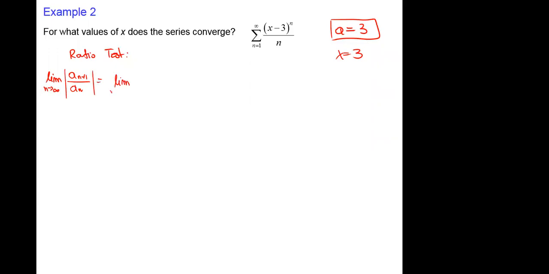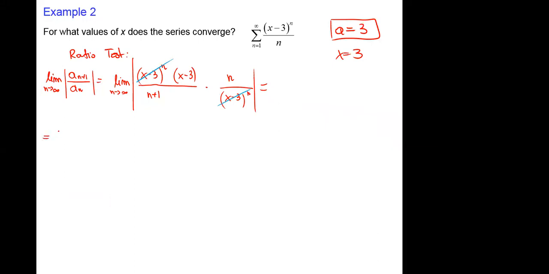Okay, limit at infinity, x minus 3 to the power of n and x minus 3 to the power of 1, and then n plus 1, and dividing by reciprocal, absolute value. Okay, quite easy to simplify.